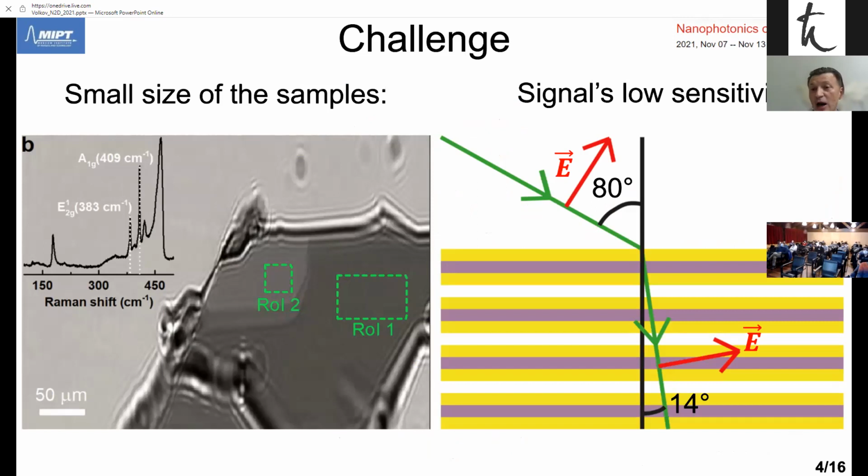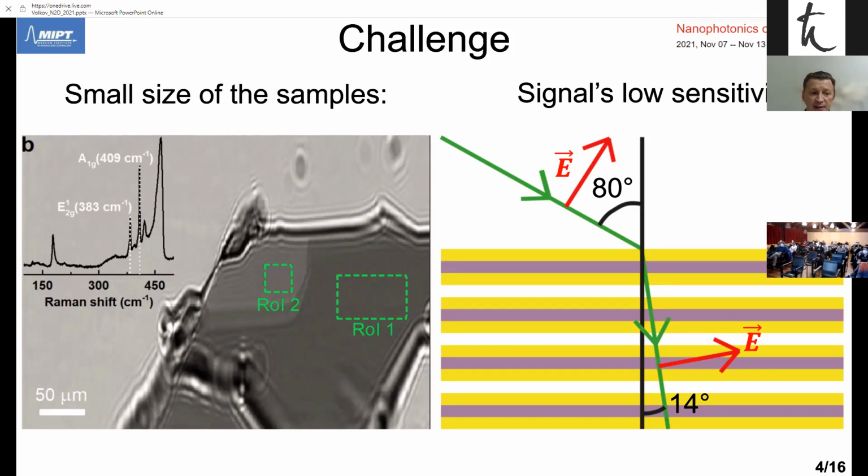The next question is how to do it, because the measurement of the anisotropic optical response from a TMDC crystal is a challenge in itself because of some experimental obstacles. One of the hardest parts is the implementation of traditional diffraction-limited techniques such as transmittance and reflectance microscopy, spectroscopy, and ellipsometry measurements.